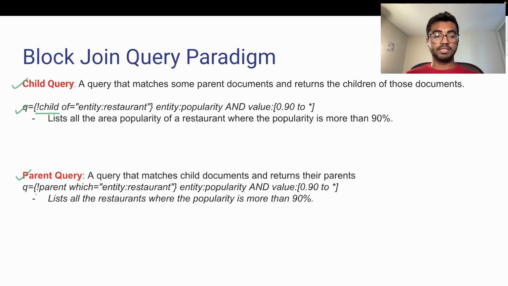So this query defines that this is a parent query, of type entity restaurant, and we'd say for this entity popularity the value is greater than 90%. So this takes values from 90% to higher, and it will list all the restaurants in that area where the popularity is more than 90%, right?